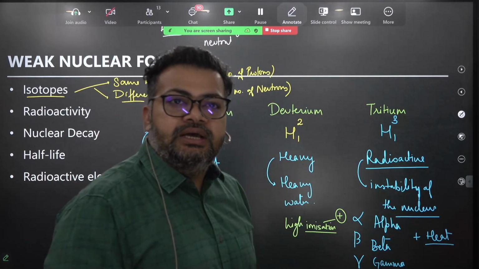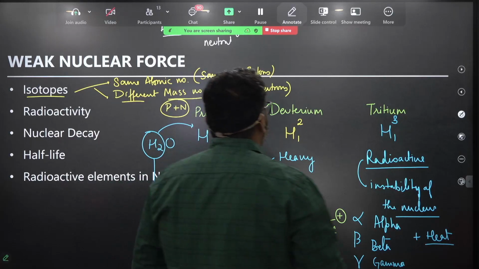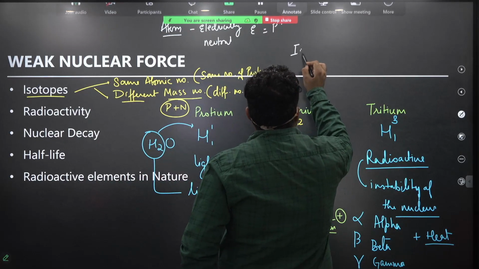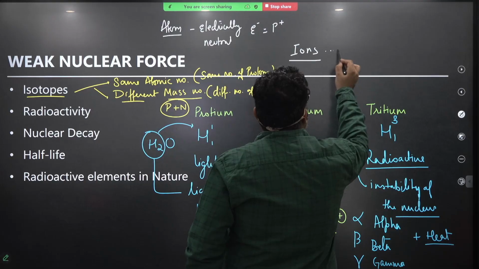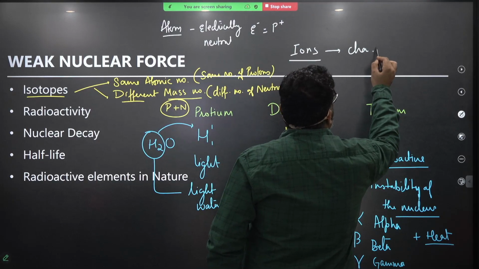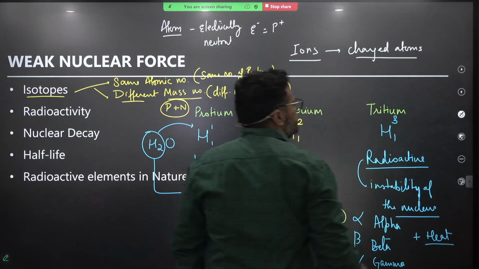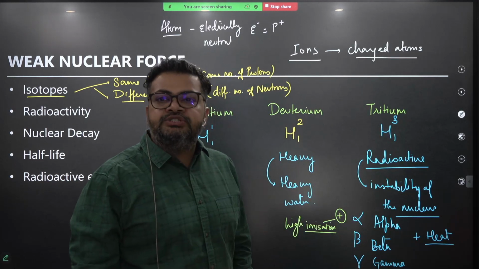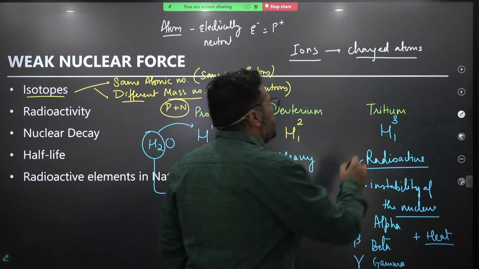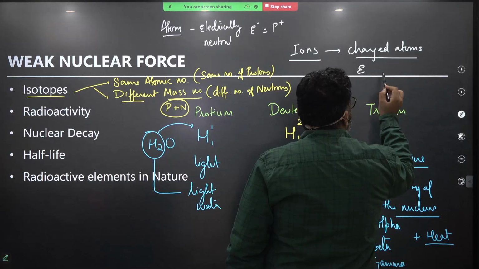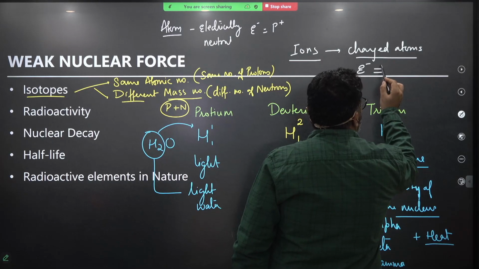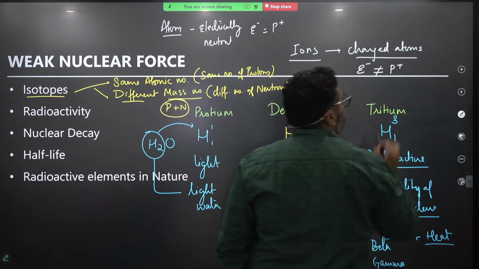But there is another type of atom called ions. Ions are called charged atoms. These are atoms where the number of electrons and the number of protons are unequal.